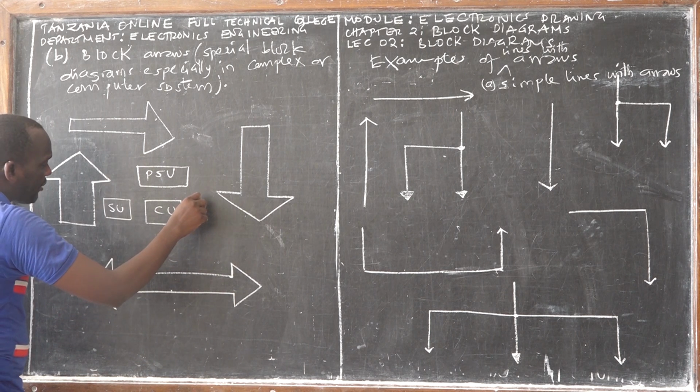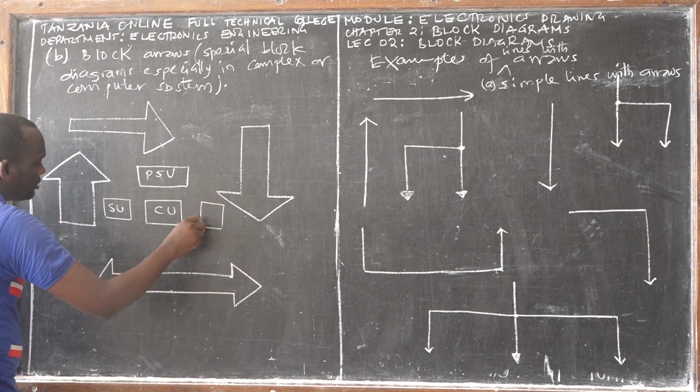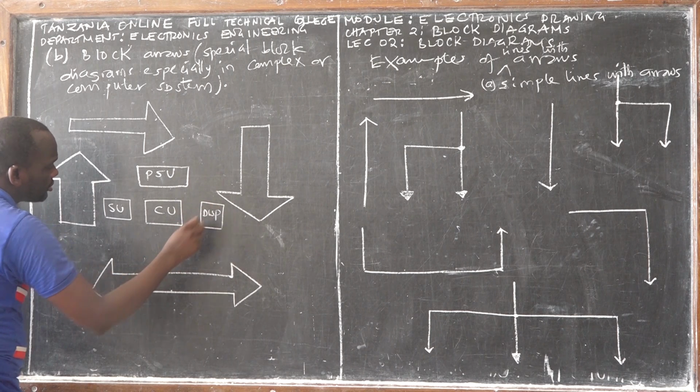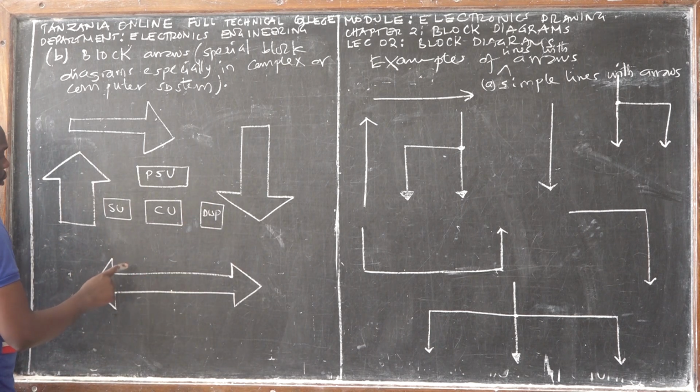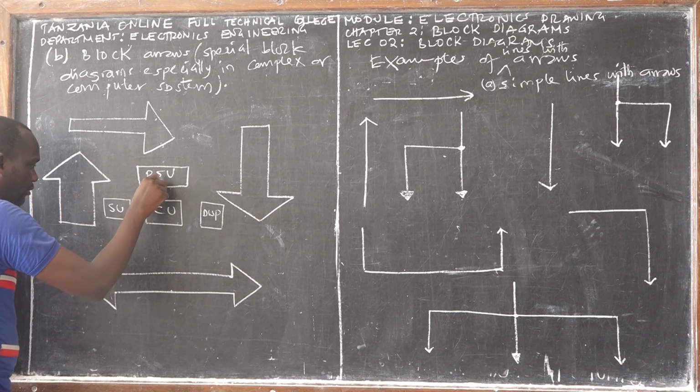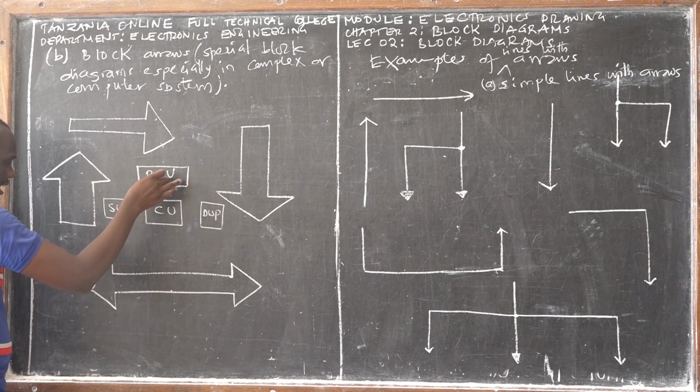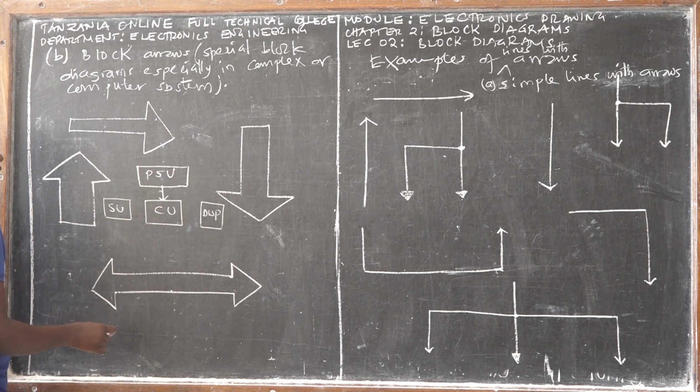And maybe you can have another block, a display. So Elisha asked a question. For this one to supply power, you need to use these arrows, let's say just between these 2 blocks.